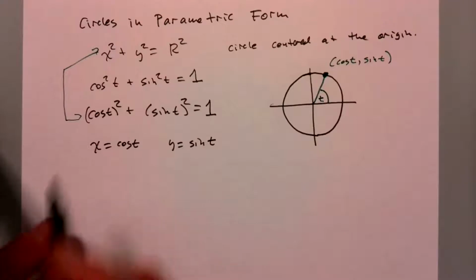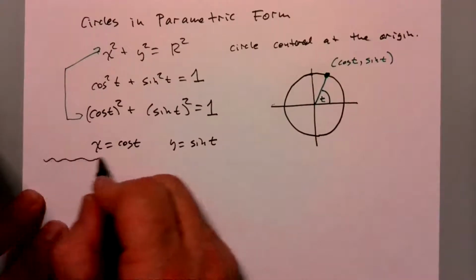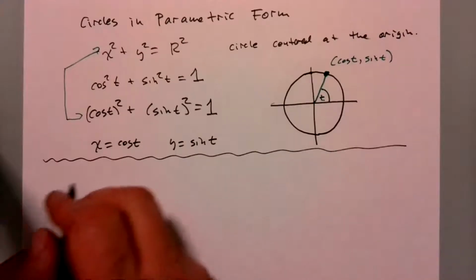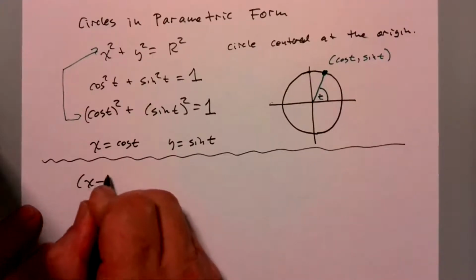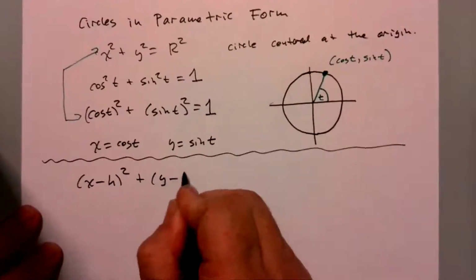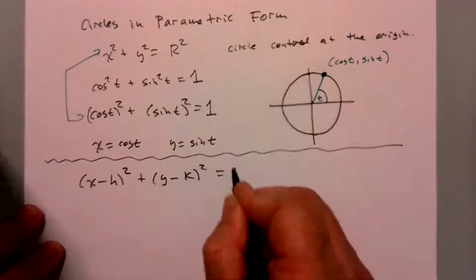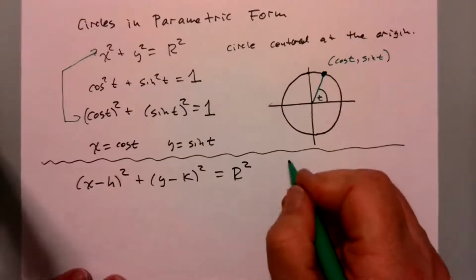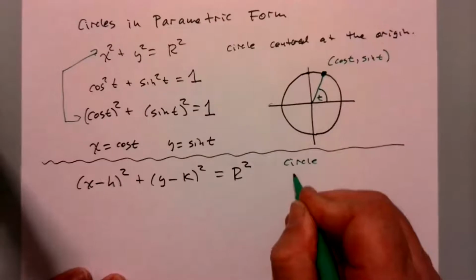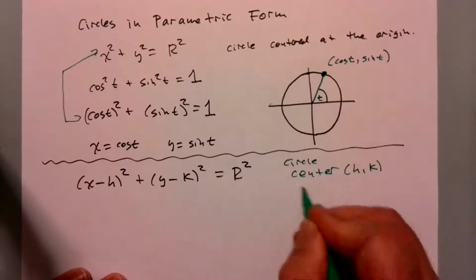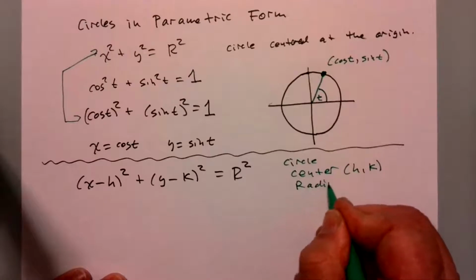But we can generalize this idea. So let's get away from centered at the origin with radius r, and let's do it in general. So we'll take a look at x minus h squared plus y minus k squared equals the radius squared. So this is a circle centered at (h, k), where the center is (h, k) and the radius is r.